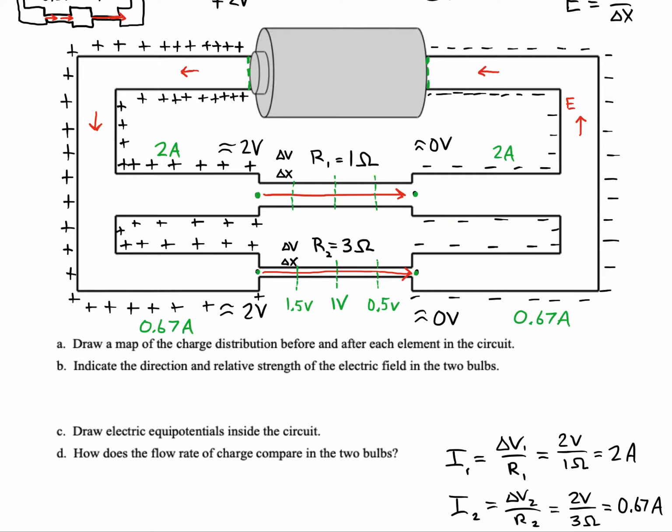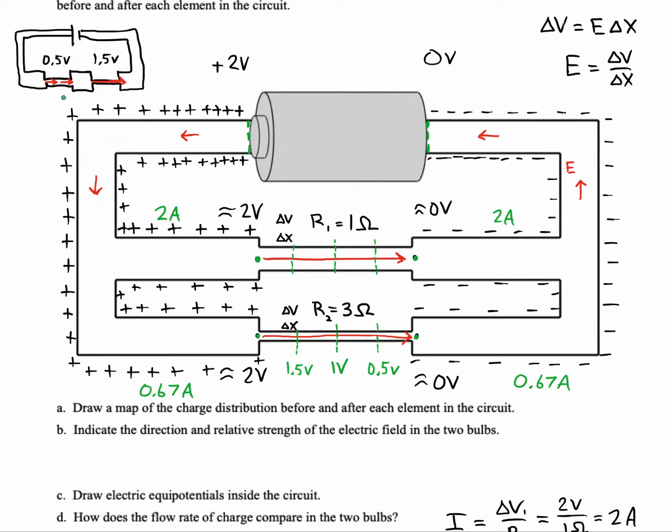So interestingly, one difference between series and parallel is that the branches of parallel can have different currents in them. With series, we always had the same current. I said it was 0.5 amps everywhere when we solved that circuit. But this time, we don't have that.